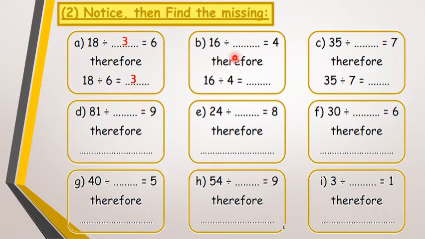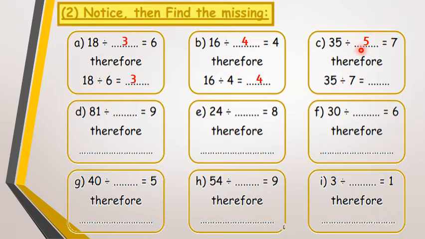16 divided by what gives you 4? It means that 4 multiplied by what gives you 16? It will be 4. Therefore, if I divide 16 by this factor, it will give you the other factor. 35 divided by what gives you 7? 35 divided by what gives you 7 means 7 multiplied by what gives you 35. 7 multiplied by 5 gives you 35, so I put here 5.